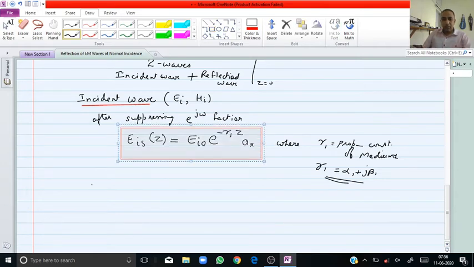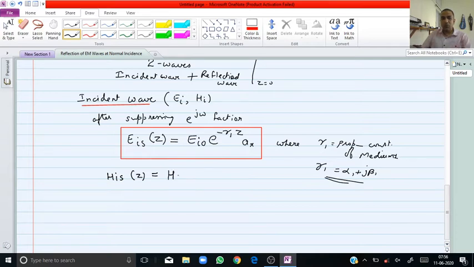Now similarly we can also have HIS of Z, which is equal to, let us suppose the maximum amplitude of the magnetic field intensity H is HI, where HI stands for incident, and e raised to power minus alpha Z AY.